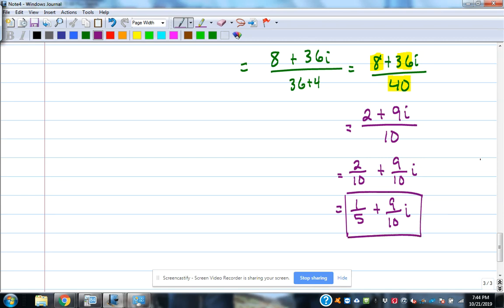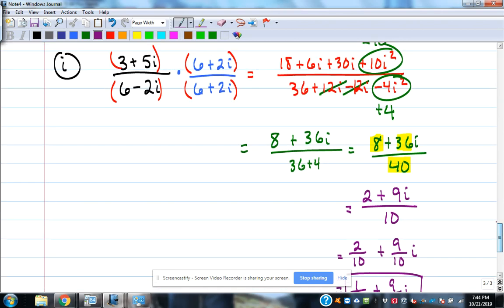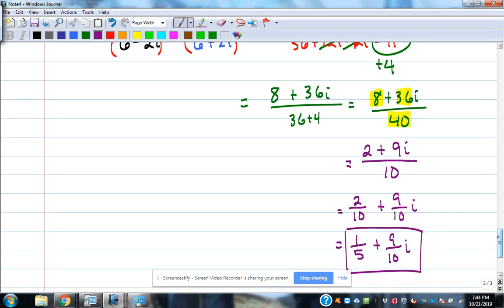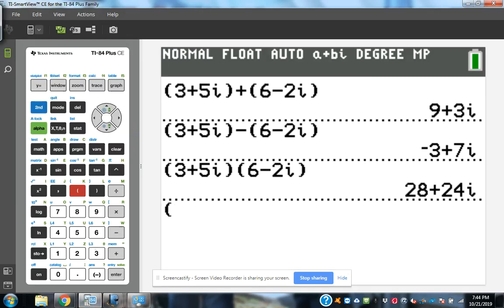1, 2, 3, 4, 5, 6, 7 steps to get that done. So division with complex numbers, quite the difficult task, unless you got a graphing calculator. So we need to put the top part in parentheses, 3 plus 5i.